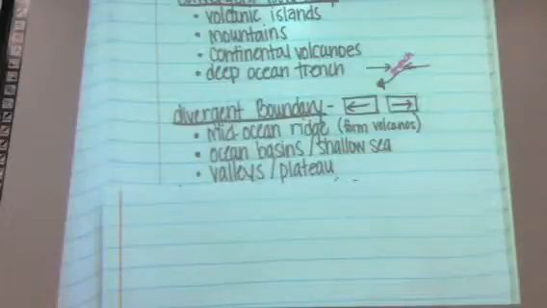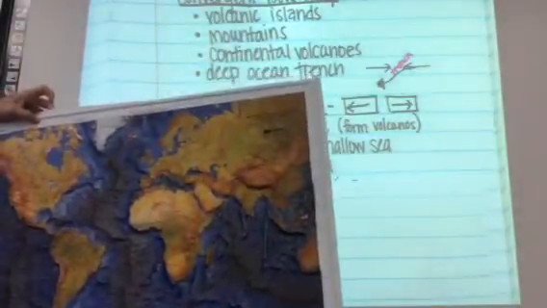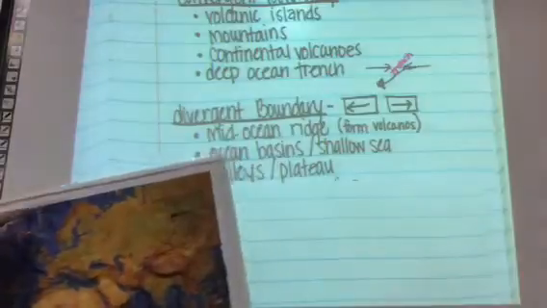Every other divergent boundary happens underwater, in the ocean, except for one that runs through Iceland. Iceland's so tiny, but yes, through Iceland, right here.